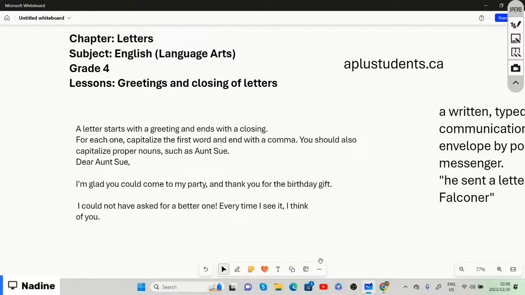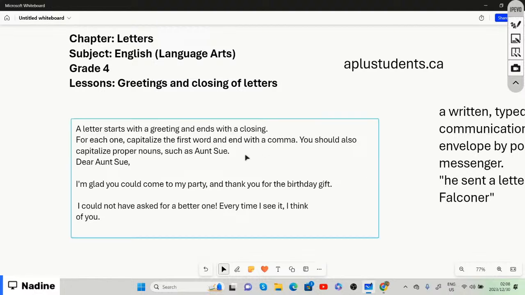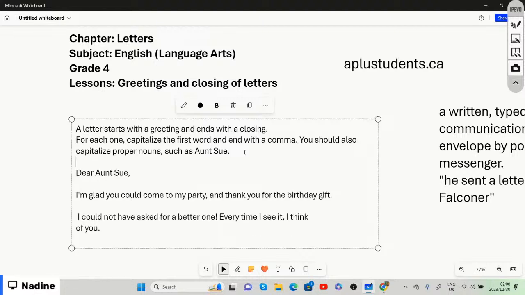And an example of a greeting: in a letter, we need to greet. It's like we were saying, if somebody walks up to you, or passes you, then we greet.